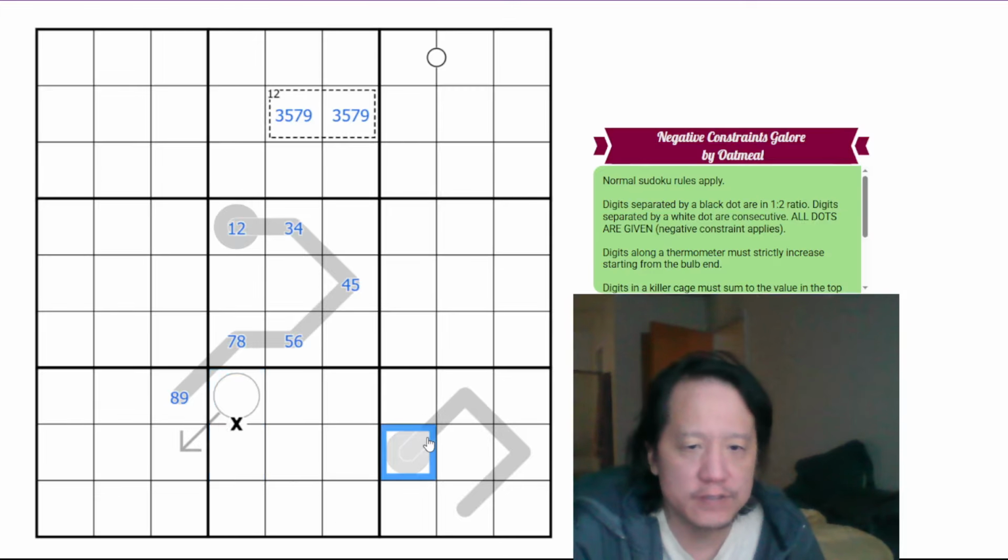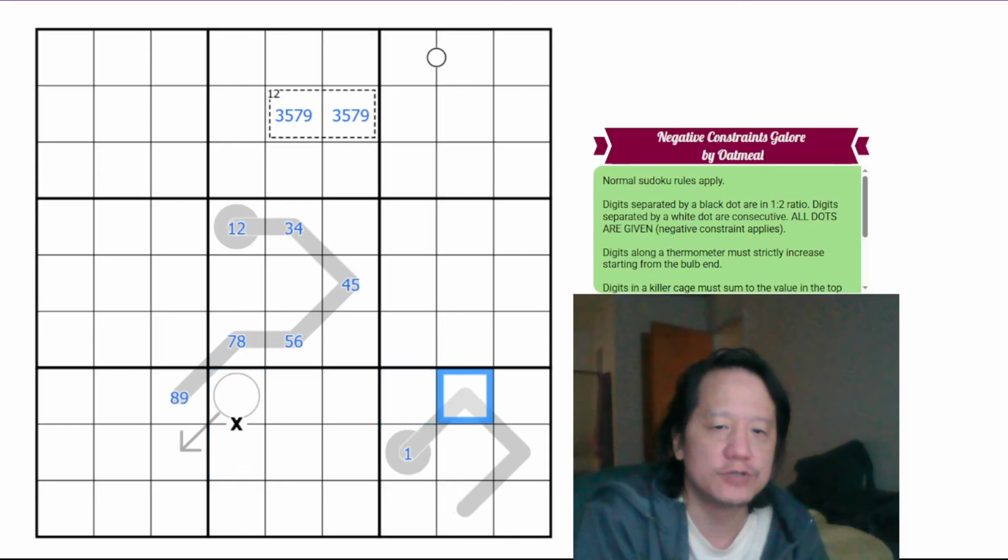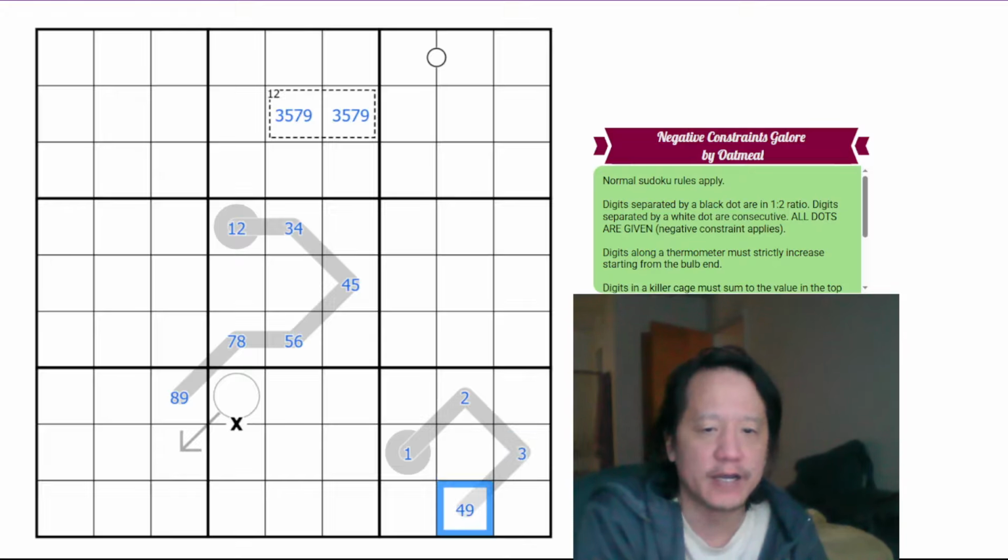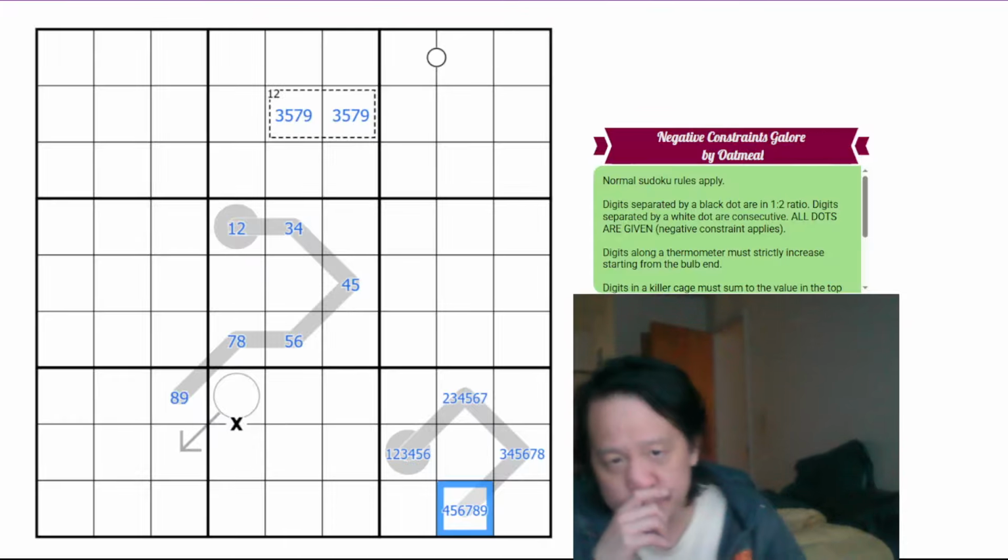Let's look at this. So 1 can be 2, 3, 4 at minimum, 9, max 8, 7, 6. So this is 1 through 6, 2 through 7, 3 through 8, 4 through 9 here.